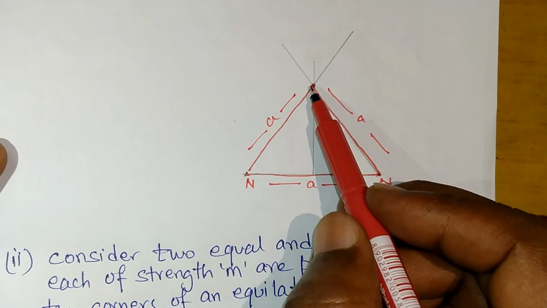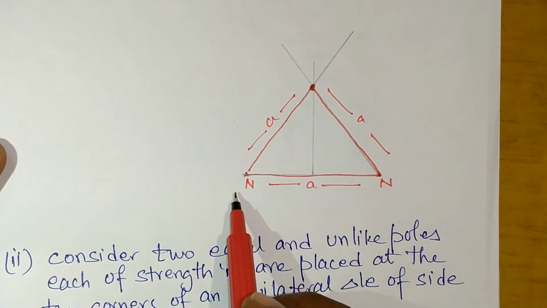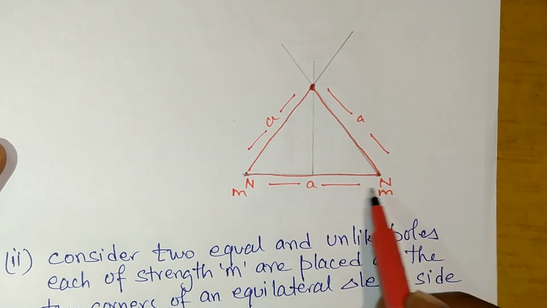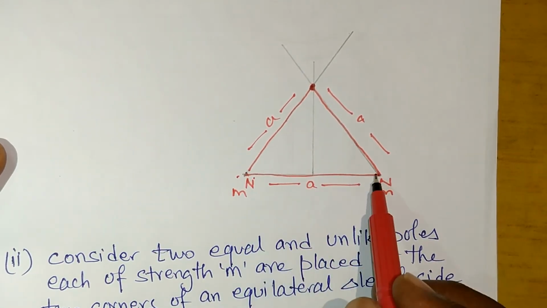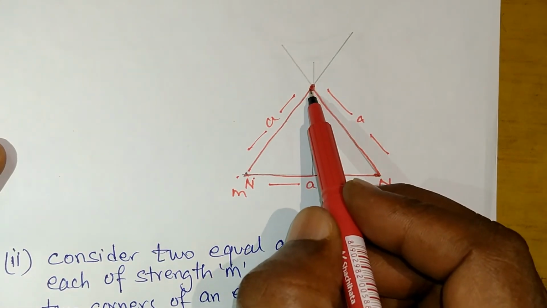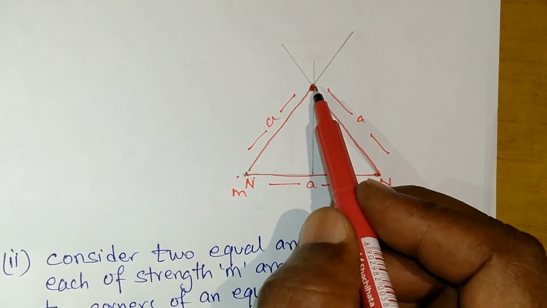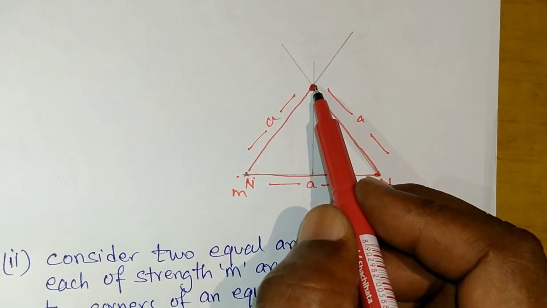What is the question? When two like magnetic poles of strength M are placed at two corners of an equilateral triangle, what is the resultant magnetic induction at this point?